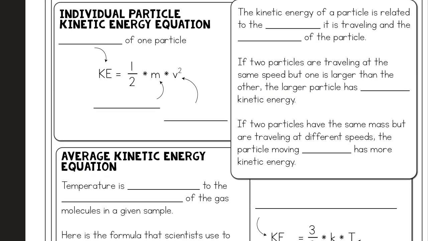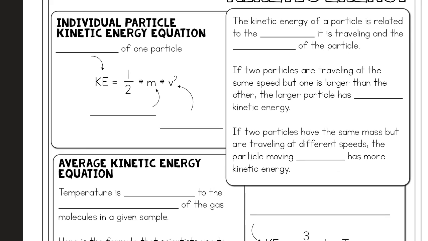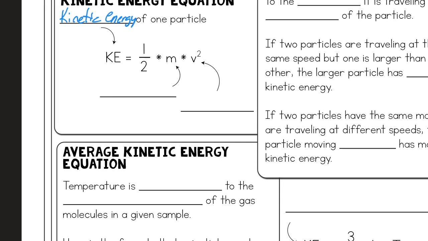Last page. Now, the last thing we're going to talk about is kinetic energy. So kinetic energy, abbreviated KE, of one particle will be equal to 1/2 times the mass. The little m stands for mass. This is a lowercase v.